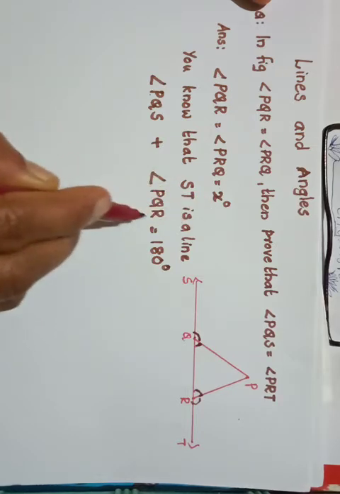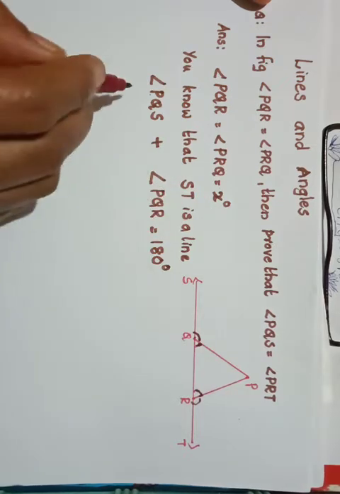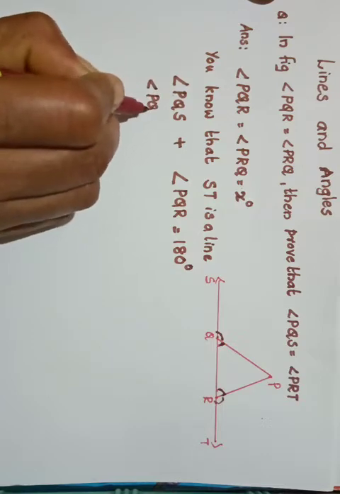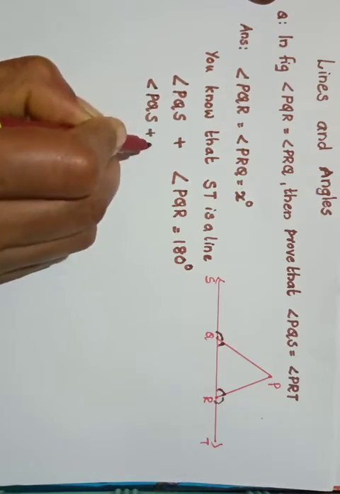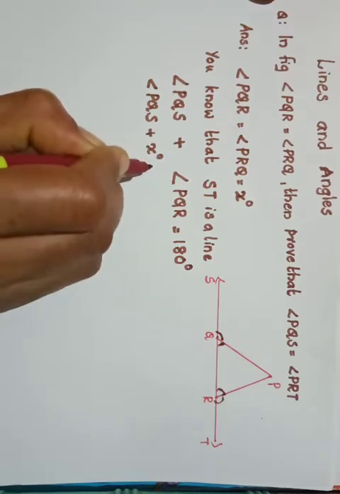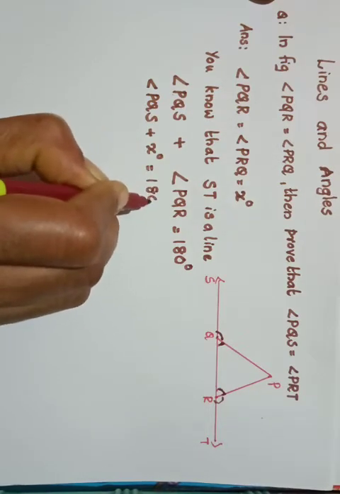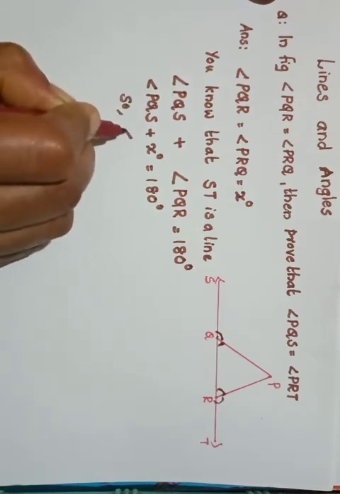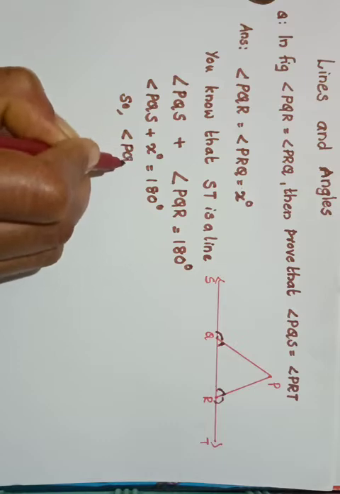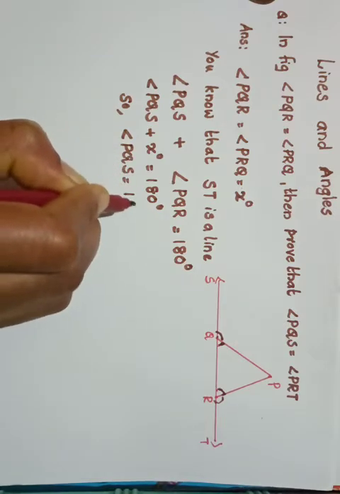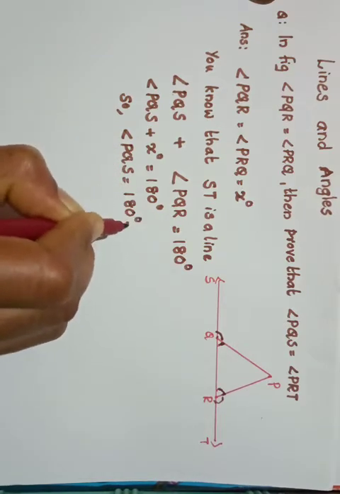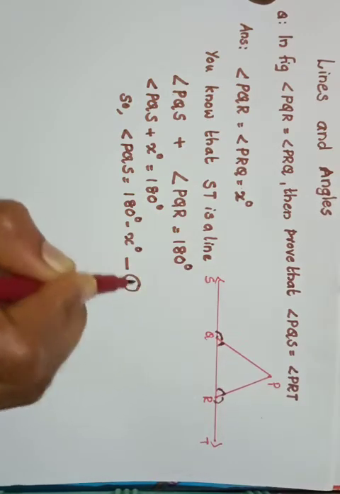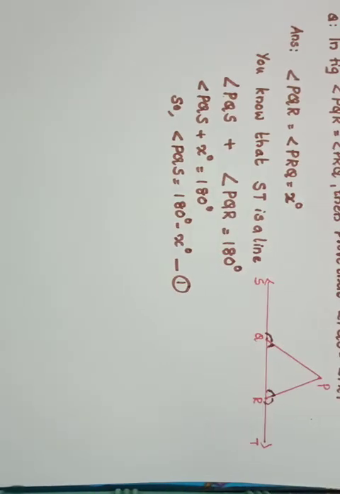So we can replace angle PQR by x. So we will get angle PQS plus x degree equal to 180 degree. So angle PQS is equal to 180 degree minus x degree. Let us keep this here as equation number 1.